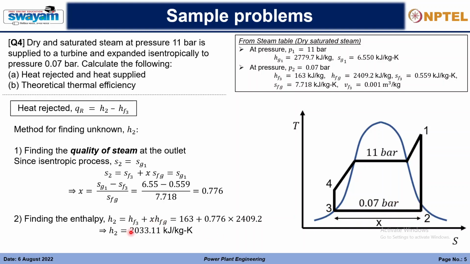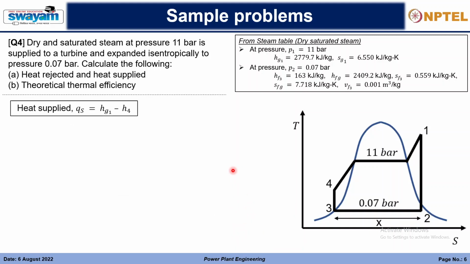So that is what we are doing, Hf3 plus x into Hfg. So Hfg is the whole line, from the liquid state at this point to the saturated vapor state. So this is the whole Hfg, and we are just using the part of it. Accordingly we will get H2, and then we will calculate the heat rejected as H2 minus Hf3. This is the heat rejected.